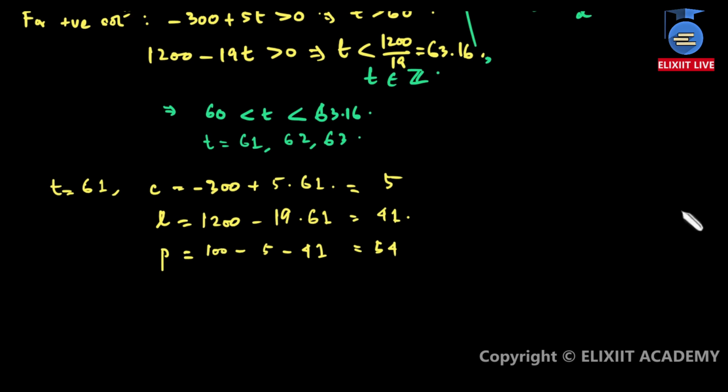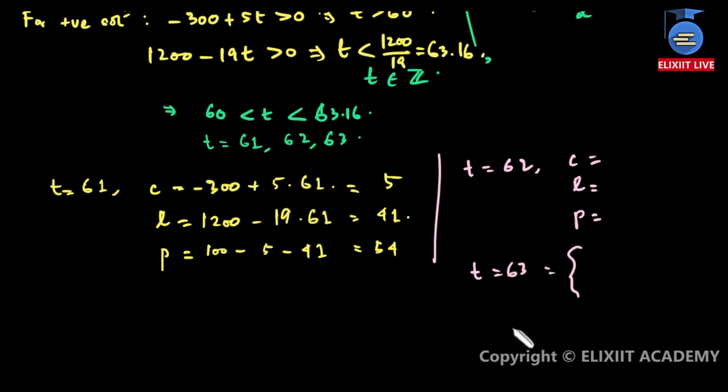Let's say T is equal to 62; we can find the next set of values: C, L, and P. Similarly for T equal to 63, you will get the remaining set of values. Those sets of possible values will be your answer. Fine. Very basic question on Diophantine equation, nothing much over here, just calculations.